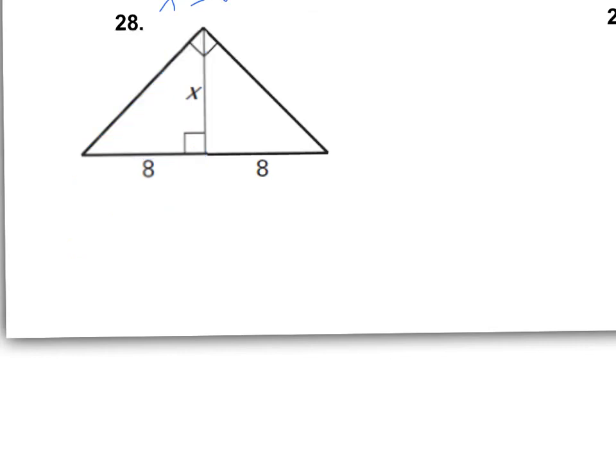And this is kind of interesting. This might remind you of a problem that we did before. These two are the same. That means that this line, x, is a perpendicular bisector.